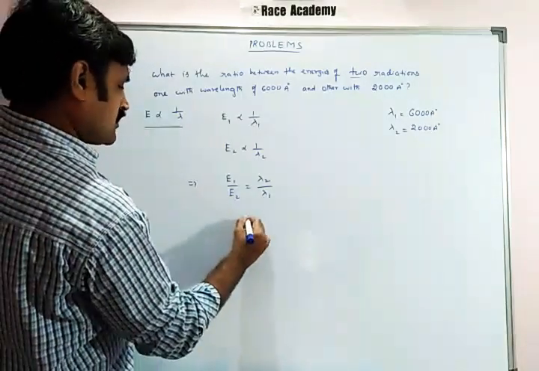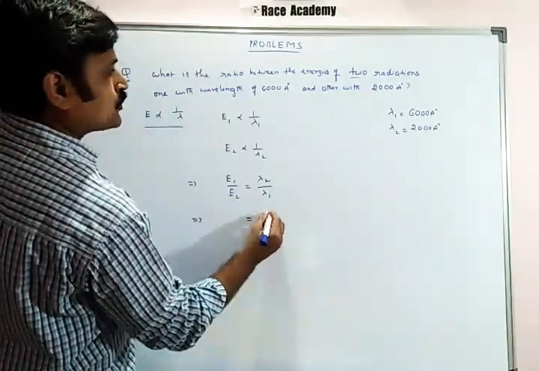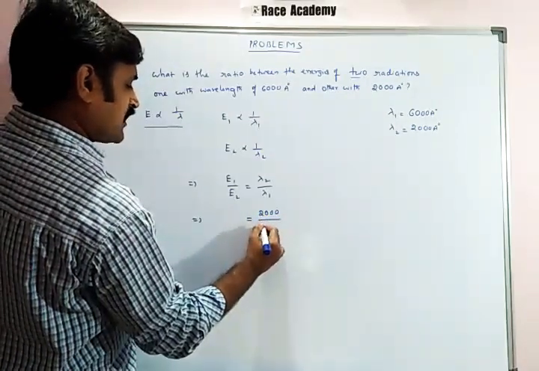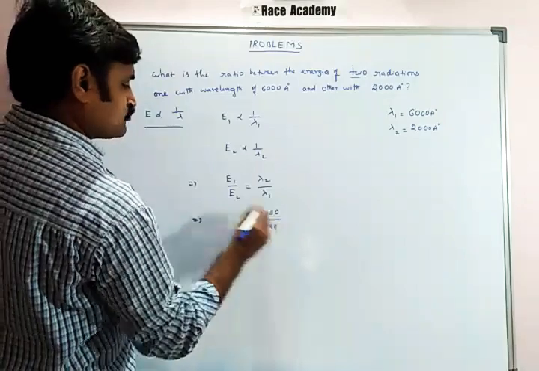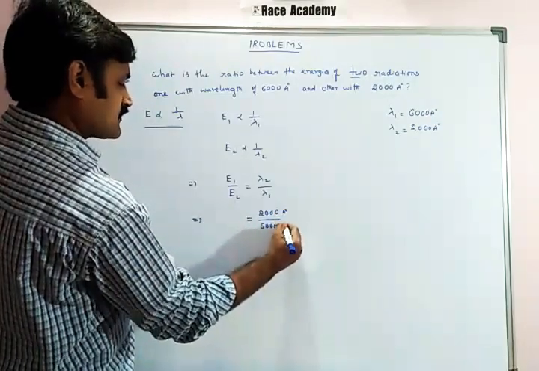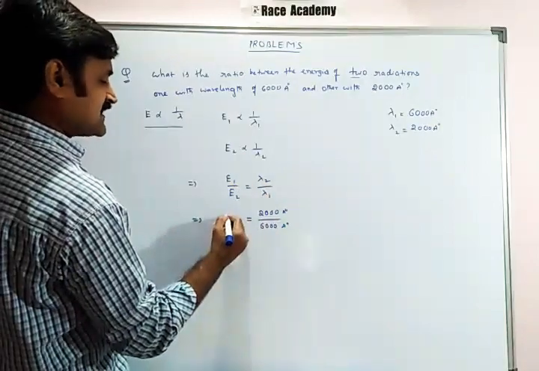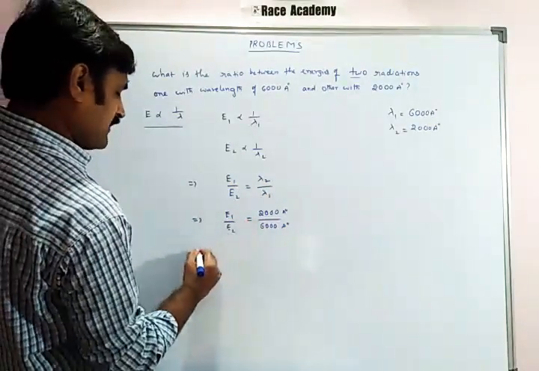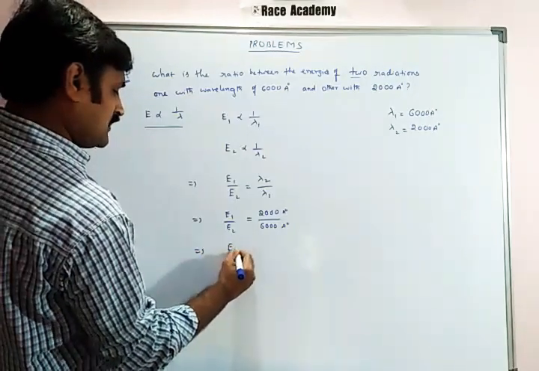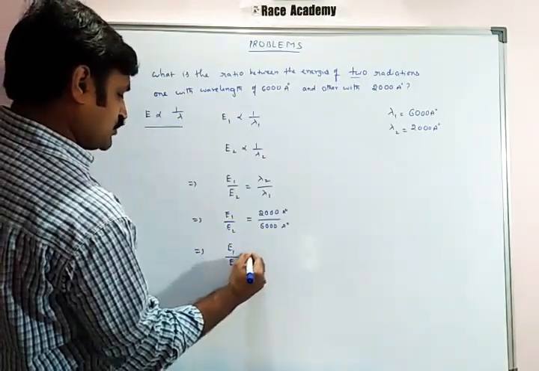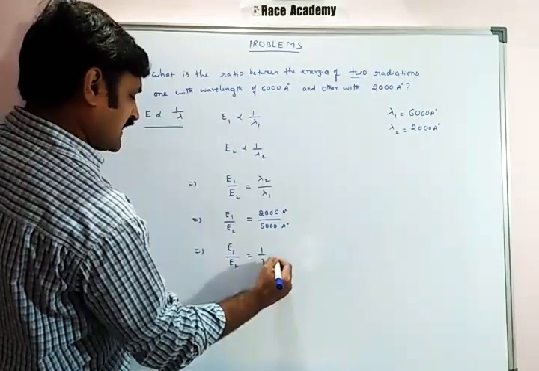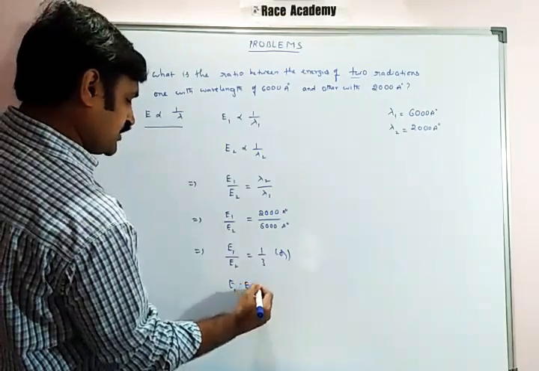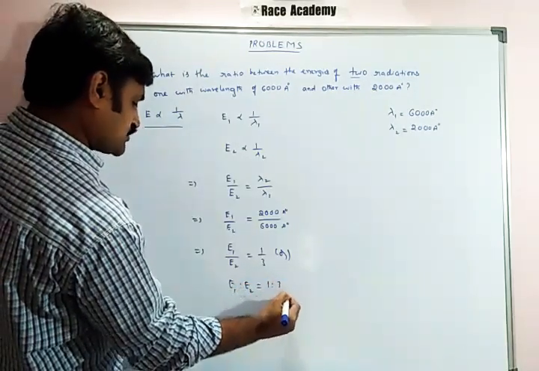Lambda 2 is 2000 and lambda 1 is 6000 angstrom units. It's a ratio, so the units get cancelled. So E1 by E2 becomes 1 by 3, or you can write E1 is to E2 is equal to 1 is to 3.